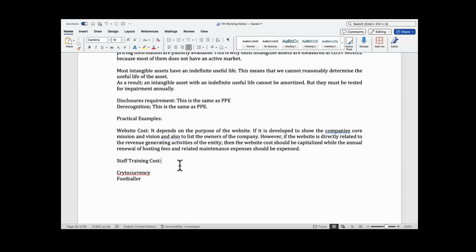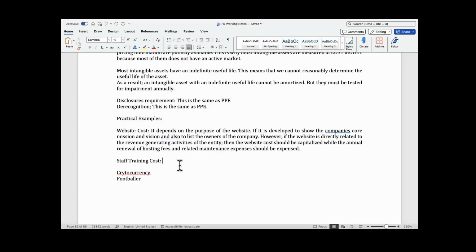If you can infer from the knowledge we learned in IAS 16, as soon as an asset is ready for use, any training that you give anyone will not qualify as capitalizing or adding that cost as an asset, because the asset is in itself ready.